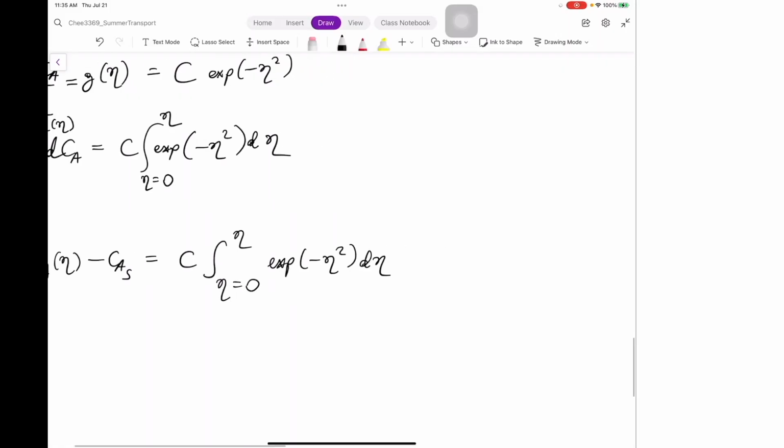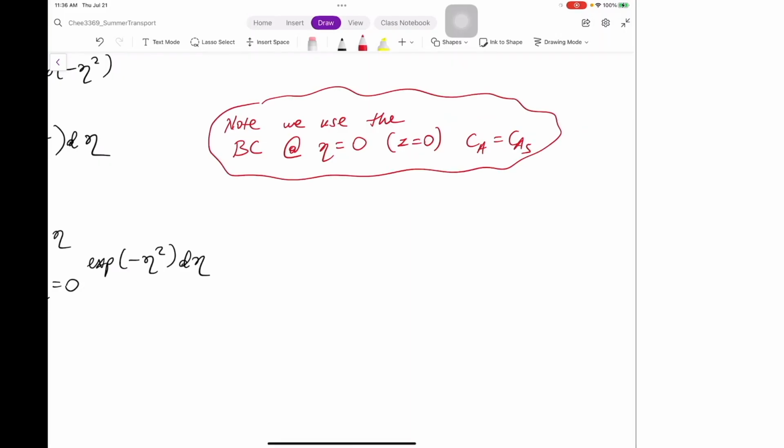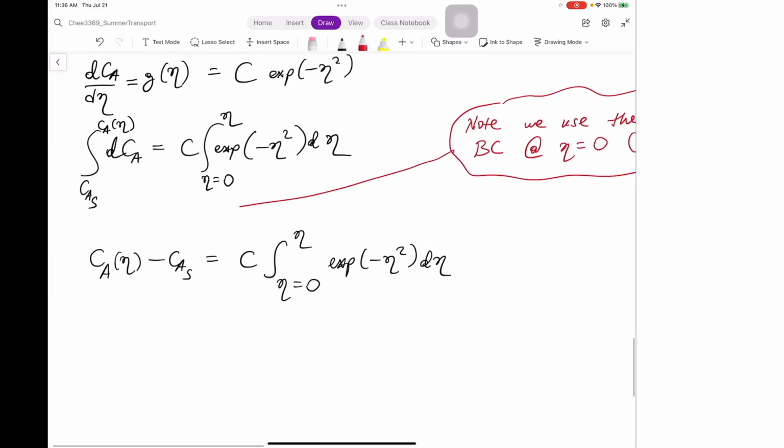And let's note it. Note we use the BC at eta equal to 0, meaning that z is equal to 0, CA is equal to CAS.